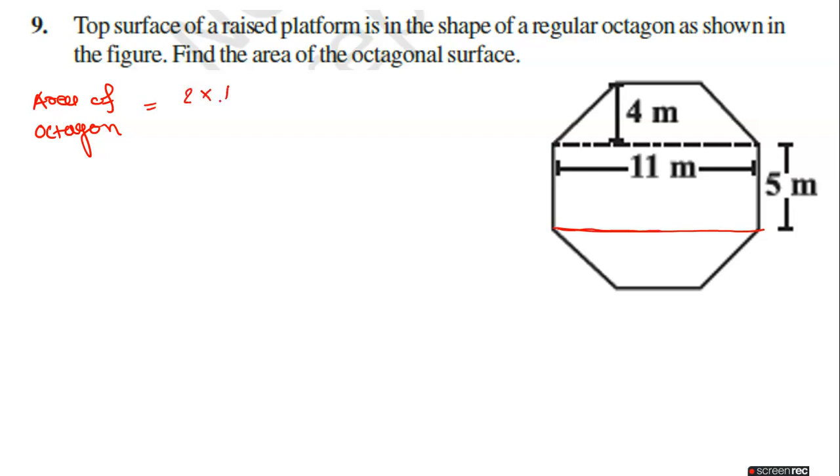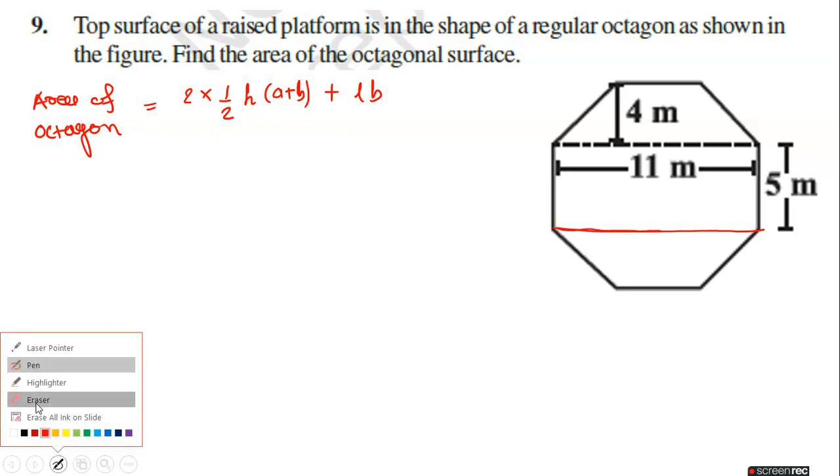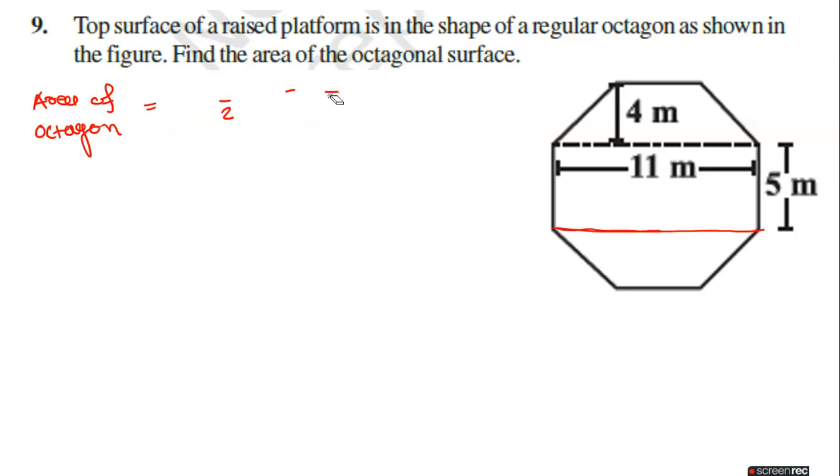Area of octagon is equal to 2 into 1 by 2 into h into a plus b, plus lb. One minute, again, let me erase these things. I'm not satisfied with it. I will write again. Area of two trapeziums, first I will write in words.